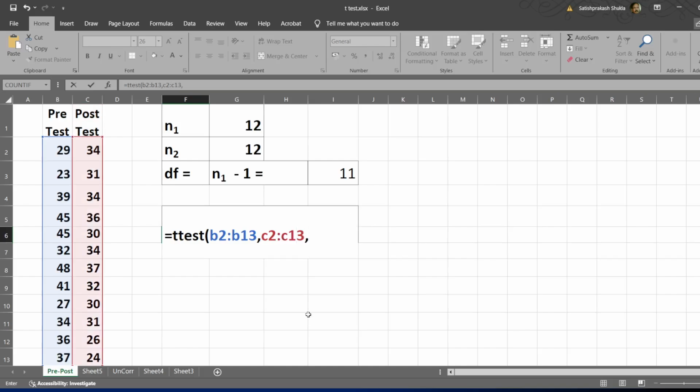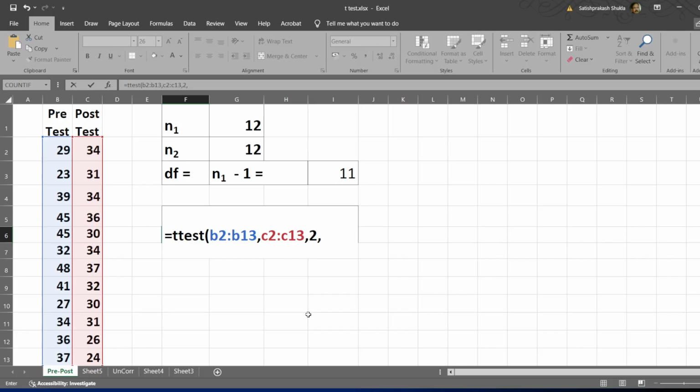Then we put comma. After comma, we have to write here 1 or 2: 1 for one-tail test and 2 for two-tail test. We are going to check the null hypothesis, so it will be a two-tail test. So we'll write here after comma 2. Then we have to write here 1, 2 or 3.